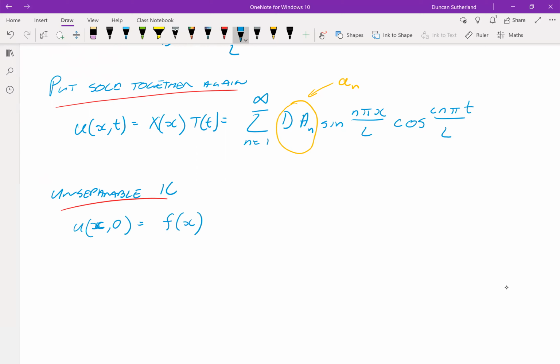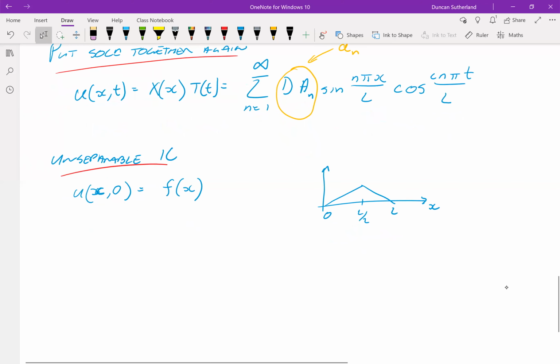We'll just write f of x and recall that it looks like this, right? That changed at L on 2. That's unseparable because it's got this function x and still tangled up in time. So let's now apply that to this problem here.